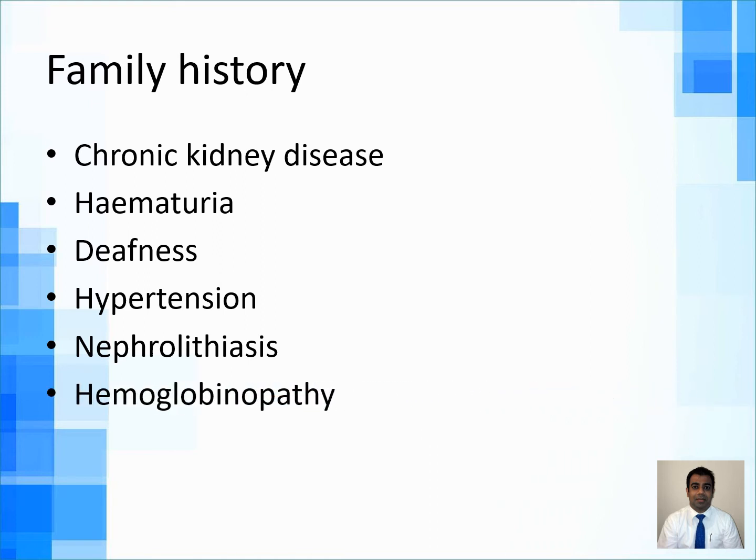There can be a history of hemoglobinopathies, like sickle cell disease. These patients can present with hematuria as well. And a family history of coagulation disorders would indicate the obvious cause.